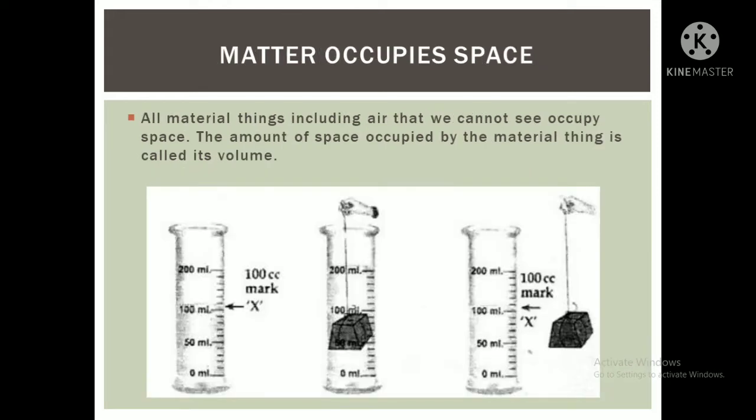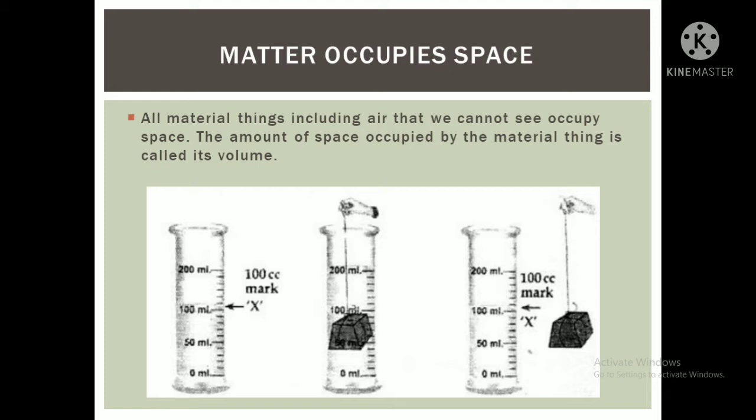Here it goes. Matter occupies space. All material, including air that we cannot see, occupies space. And the amount of space occupied by a material thing is called volume. Now let's take a liquid in a beaker. 100 ml of water is there, marked as X before.